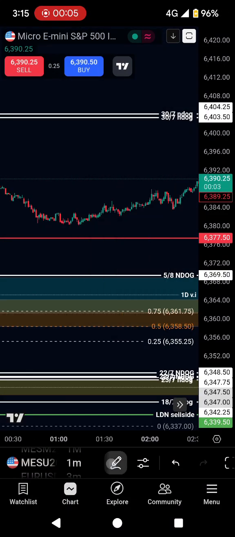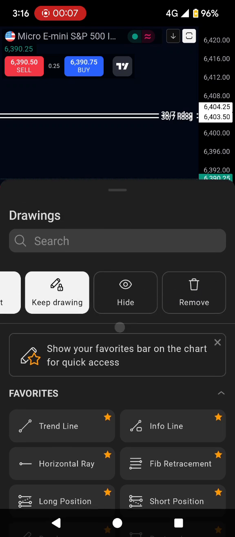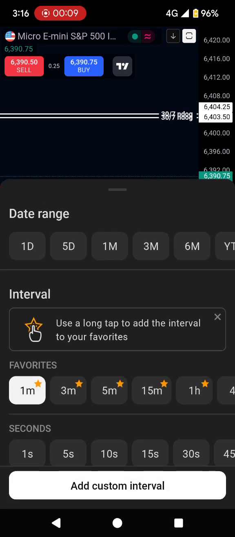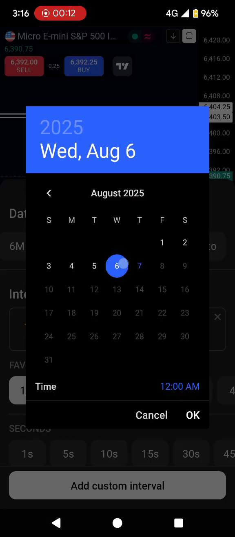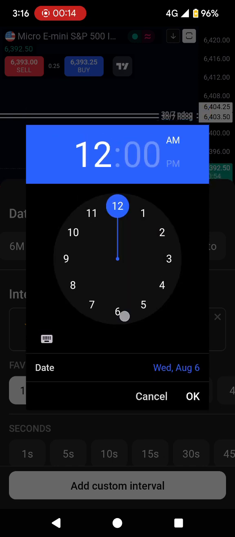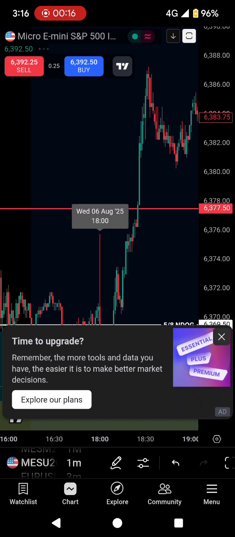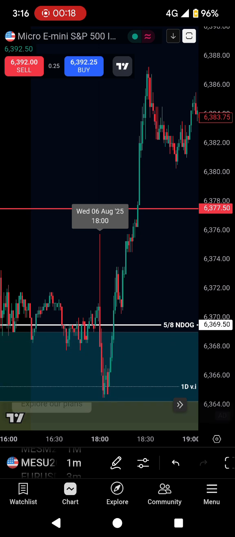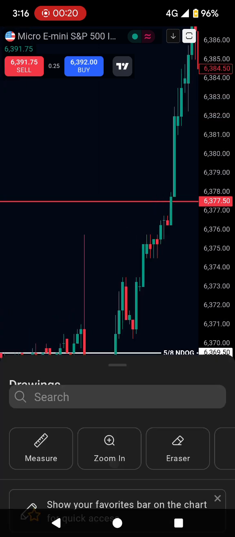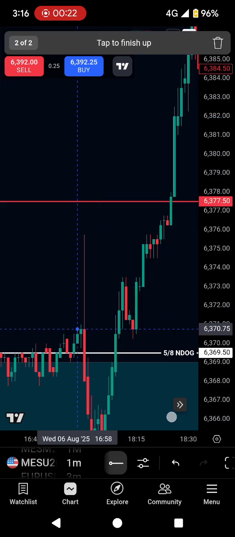So first let's draw the end dog. Close, open. So basically it's the same price.